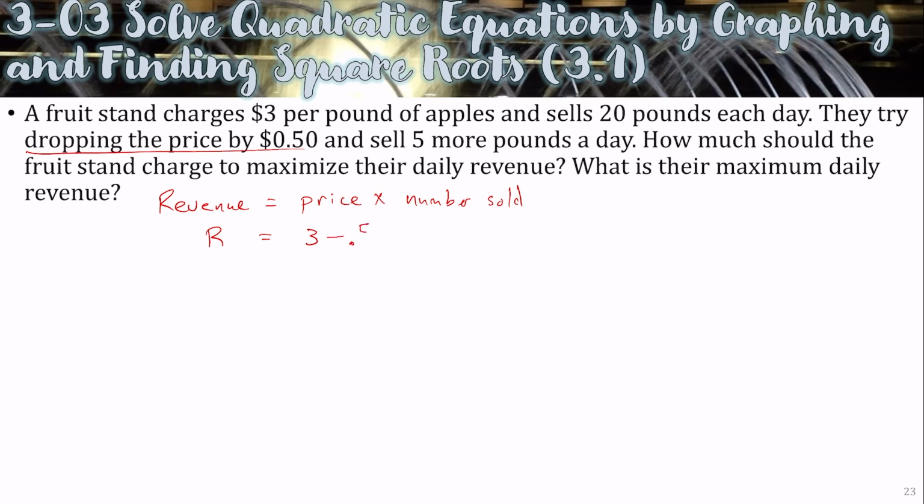So minus 0.5 times, let's call it x, where x is the number of times the price is dropped. The number sold, we had 20, but we're selling 5 more pounds. When we drop the price by 50 cents, we sell 5 more pounds. So we'll have to add 5x.